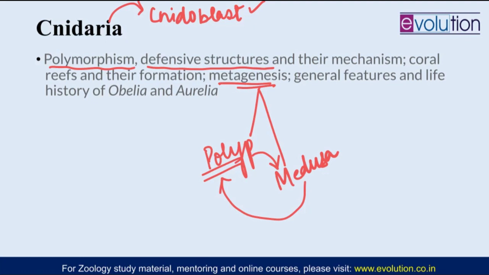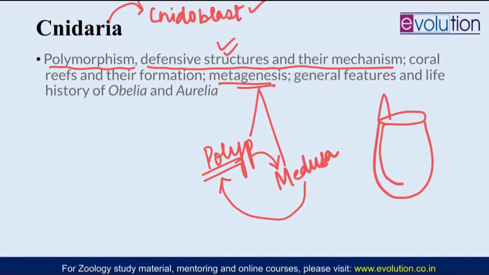So there are different types of cnidoblasts. You have to deal with that under defensive structures, and also how they work whenever the cnidocil is disturbed.